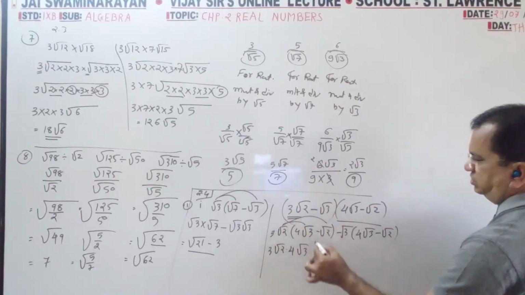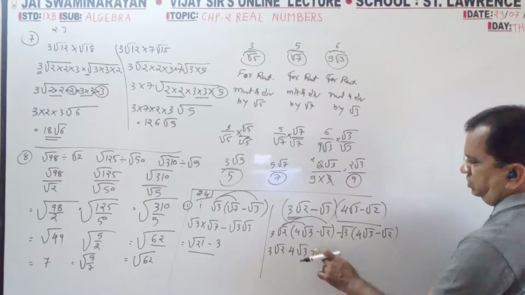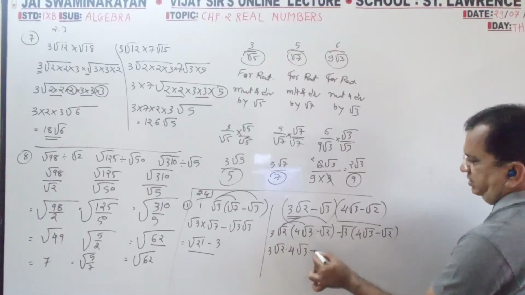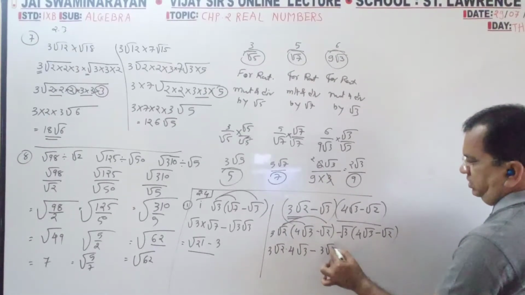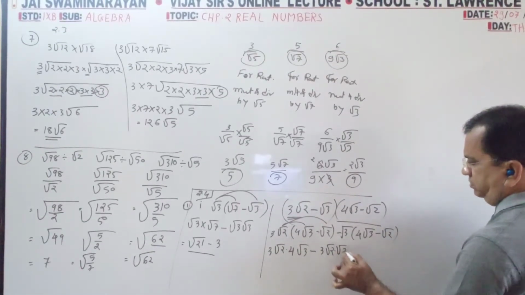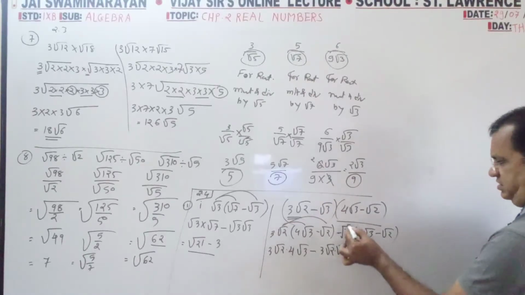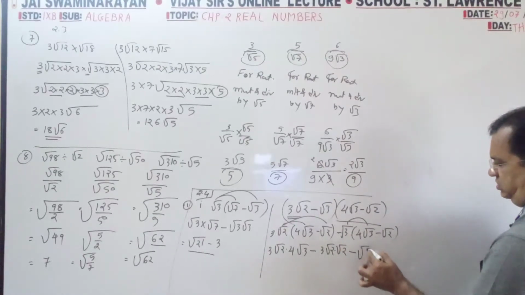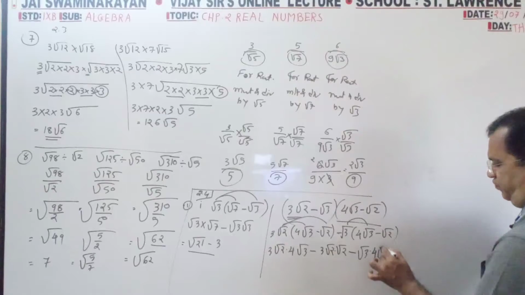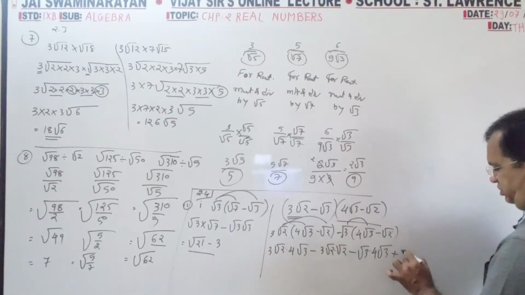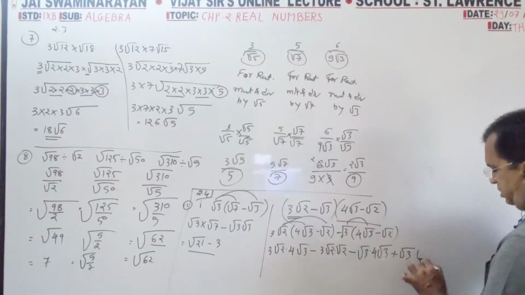Now this into this, in between there is a minus, 3 root 2 dot root 2. Then again minus, this into this, root 3, 4 root 3, minus minus plus, this into this, root 3.